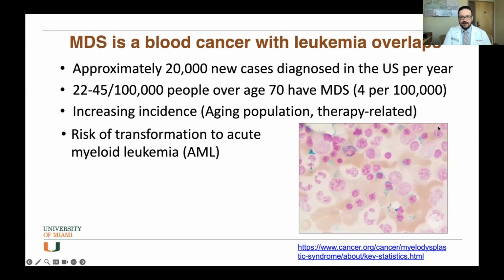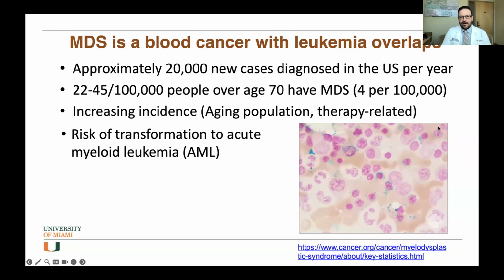That just means the disease becomes a little bit more aggressive and actually turns into acute myeloid leukemia. Therefore, that's why you see a lot of the same doctors focusing on acute myeloid leukemia and MDS, although they are very distinct diseases with distinct problems and distinct treatments. Again, some of the treatments overlap, and we'll get into that later.